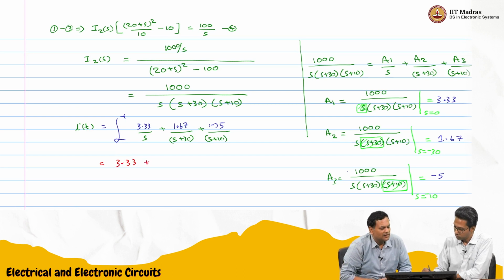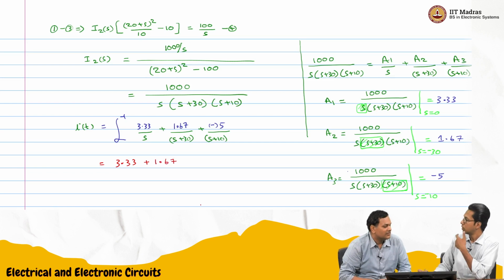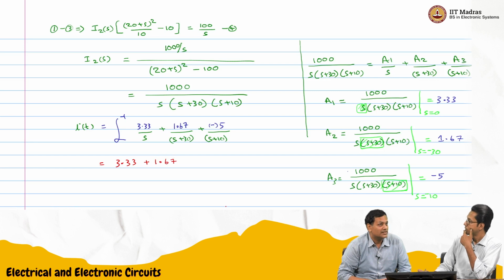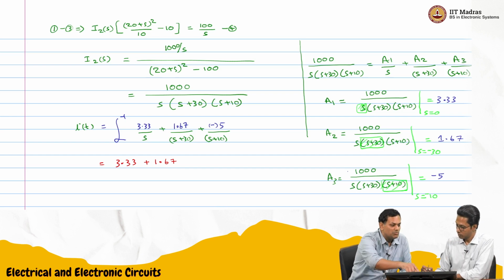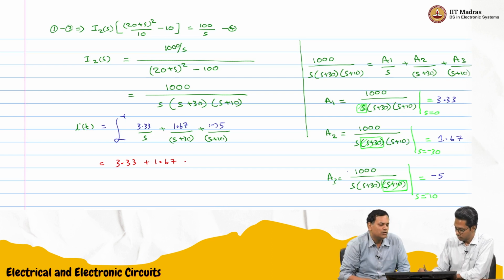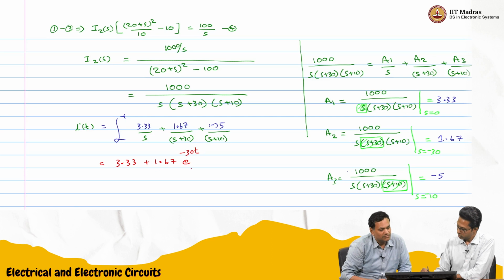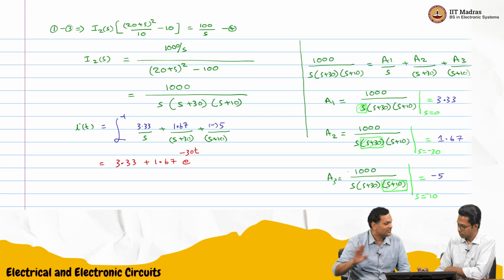Then here, when we had 1 by s plus a, 1.67, it was e power minus a t u of t. So this would give you e power minus 30t into 1.67. So this is also an exponentially decaying component.